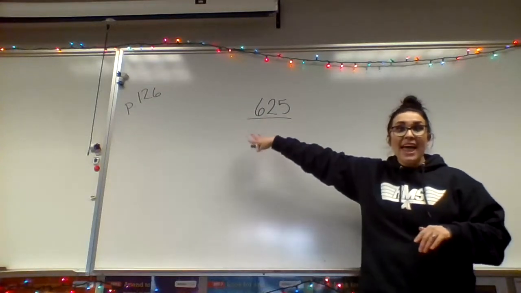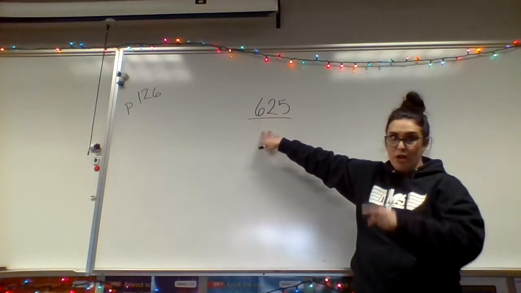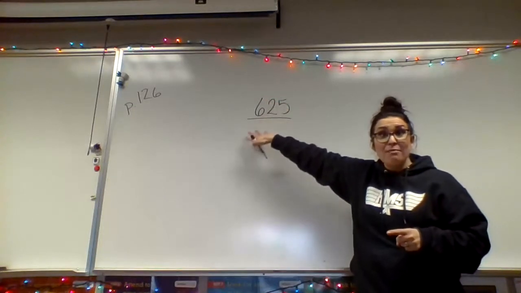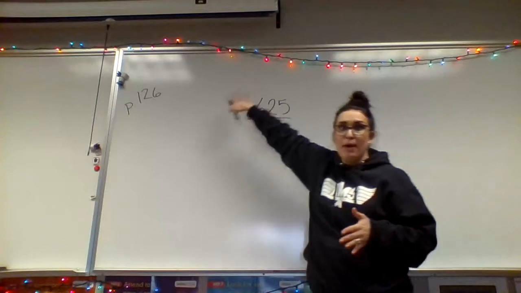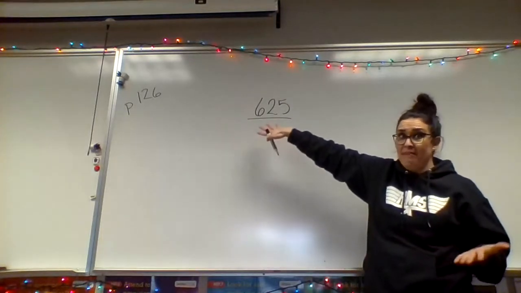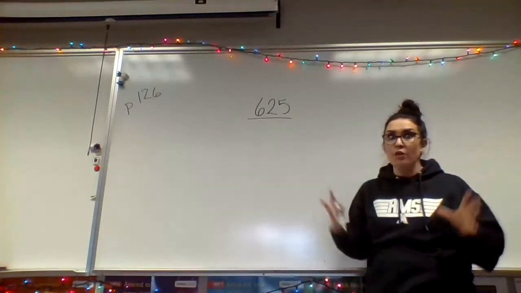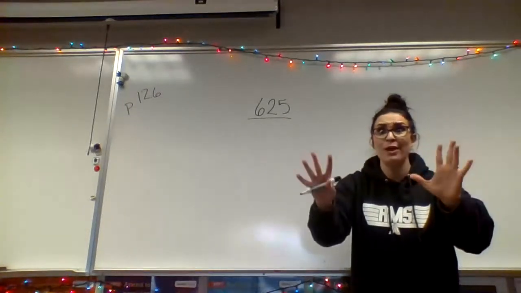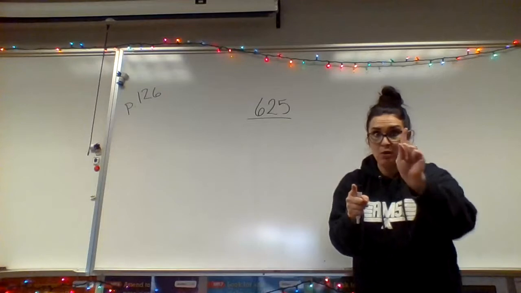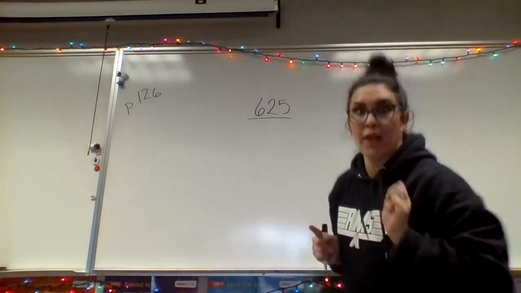Okay, my friends? And I know, and you know, that there are different numbers we can multiply together in order to get this big old number of 625. Now, if you don't really know all the different factors that we can multiply together to get this number, that's okay. But I want you to take a peek at just one special number really quick, okay?